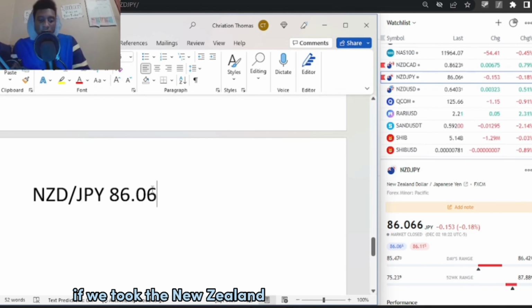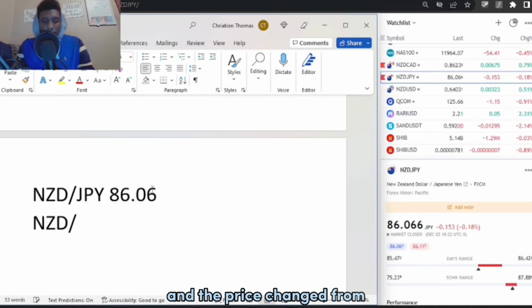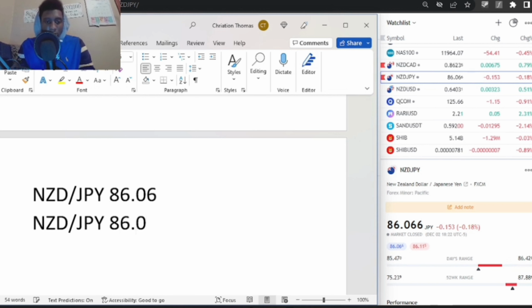So if we took the New Zealand dollar versus Japanese yen, and the price changed from, hold on, from 80, whoa, I pressed 9.